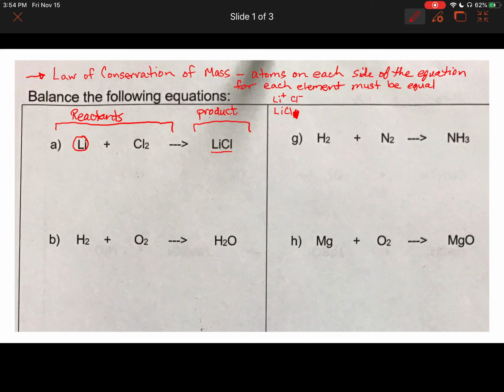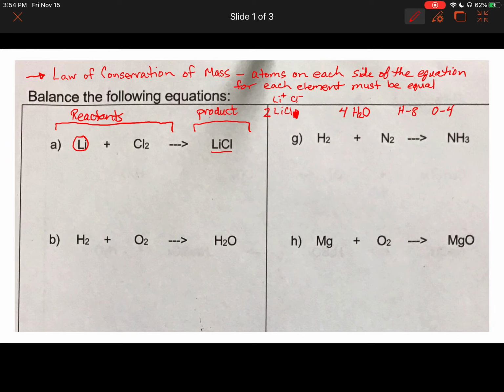The only thing that we can do is add coefficients. And a coefficient is a whole number placed in front of a substance that multiplies through. For example, if I have the substance water, H2O, and I put a 4 in front of it, usually the 4 would be drawn a little bit closer, that 4 multiplies through, and now we have 8 hydrogens and we have 4 oxygens.